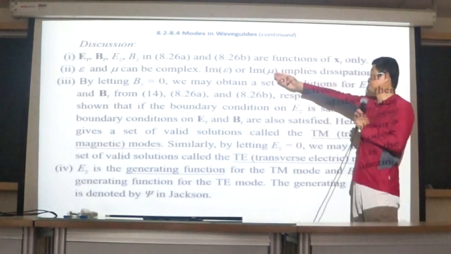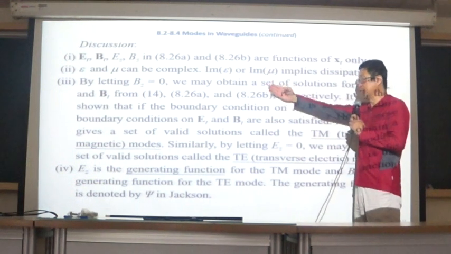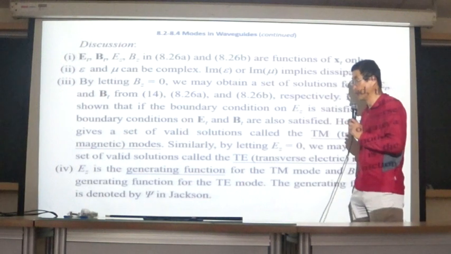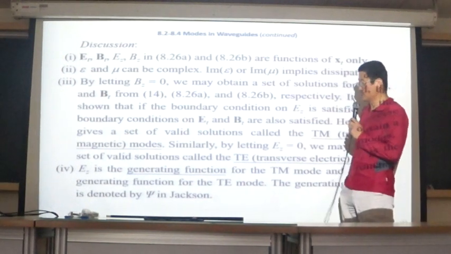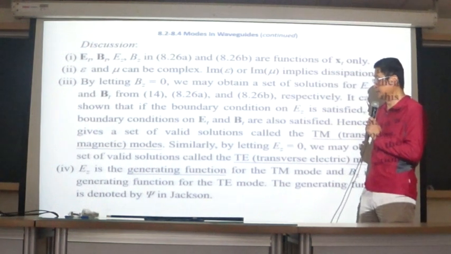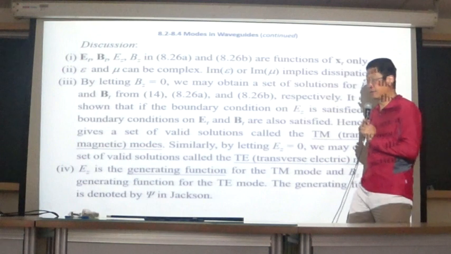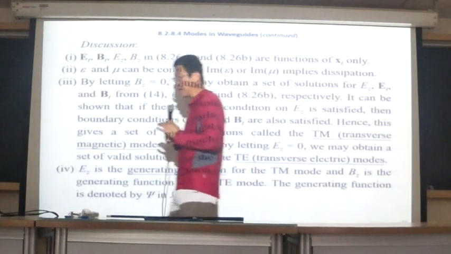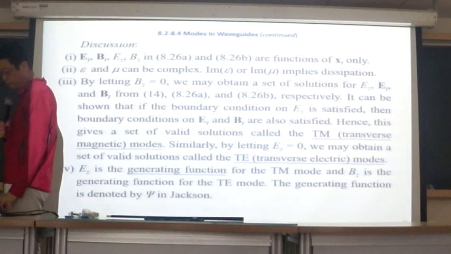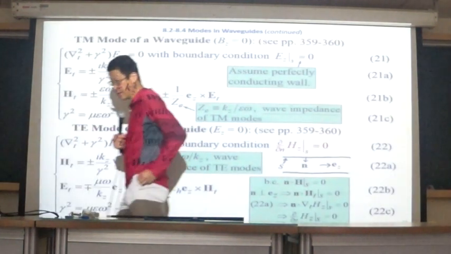Okay, next one. If we have BZ equals 0, we have transverse magnetic. If we have EZ equals 0, we have transverse electric. And if EZ and BZ are both 0, then we have a transverse electric and magnetic wave. So I will summarize this one here.